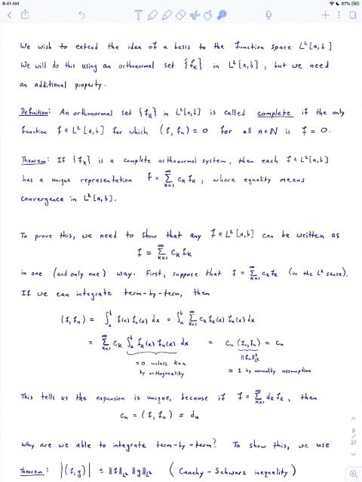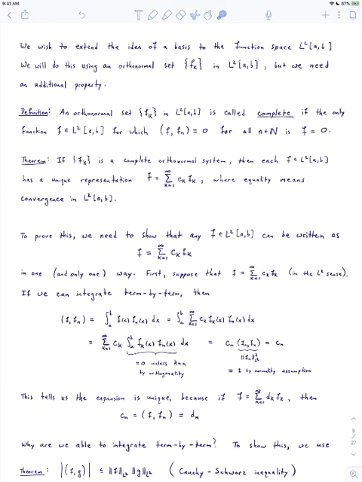If you grab an f in L2 and the inner product of f with f sub n is 0 for all n, that means that f is orthogonal to every single f sub n in this set. If f is orthogonal to everything in the set, it must be 0. That's what it means to be complete.